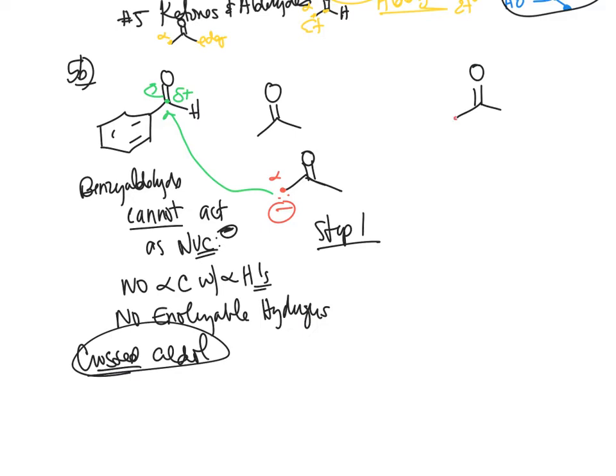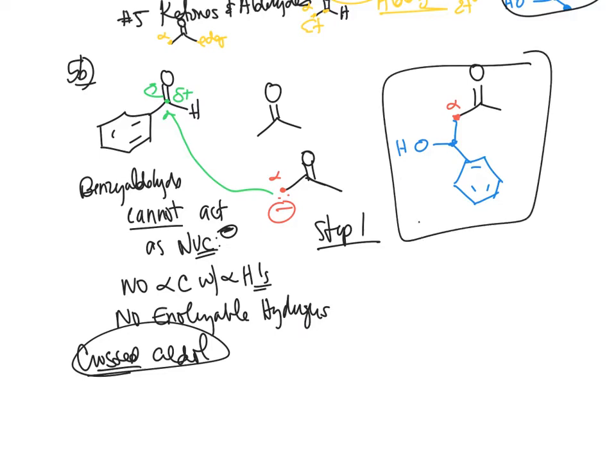This is your alpha carbon, so you orient where you are. And then your beta becomes your OH, and then you attach the rest of the molecule there. Okay, 6, 7, 8, 9, 10. We have 10 carbons. Always count your carbons. You'll get your right product. That's your beta hydroxy carbonyl product.